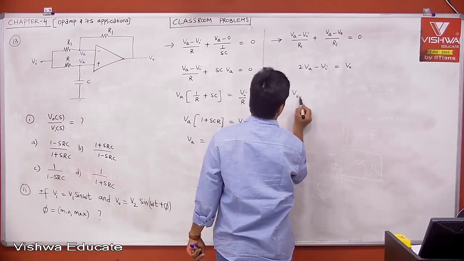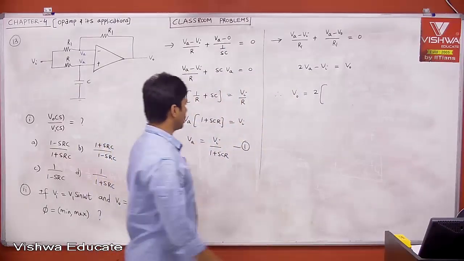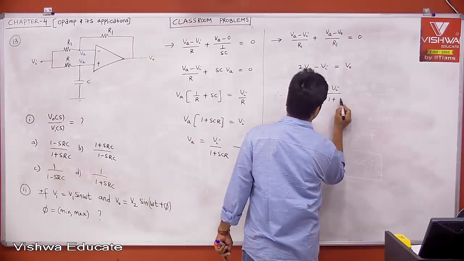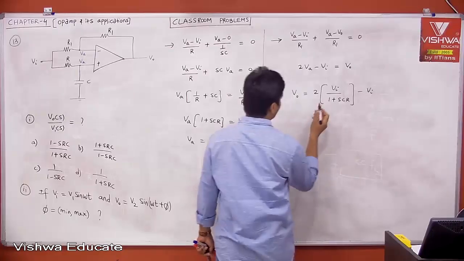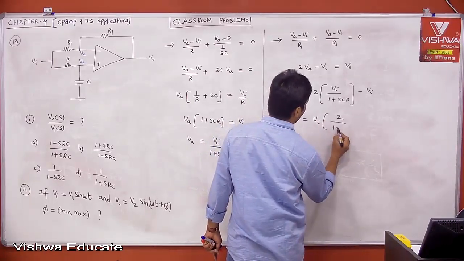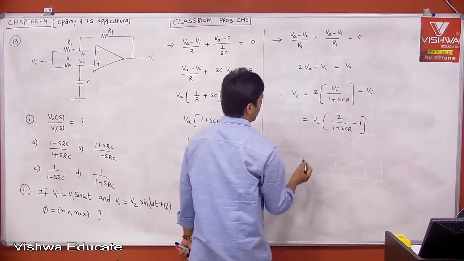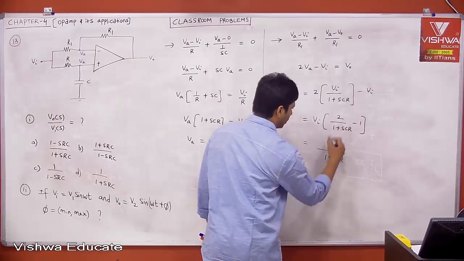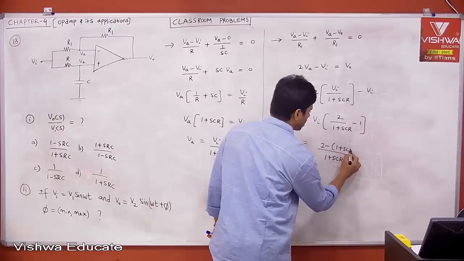Therefore, V0 is equal to 2 times VA minus VI. We already know VA is nothing but VI divided by 1 plus SCR. If you take VI common, you will get 2 divided by 1 plus SCR minus 1. Taking 1 plus SCR as LCM, you will get 2 minus (1 plus SCR).